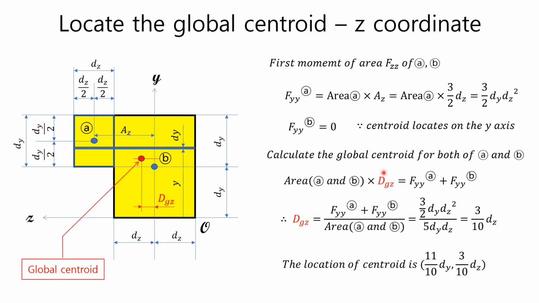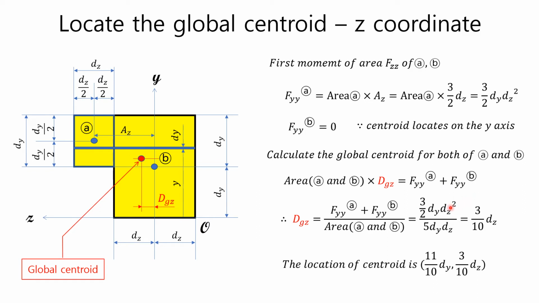Now we are in a perfect position to calculate the global centroid for both element A and B. The first moment of the entire area should be equal to the sum of the two first moments of area A and B.